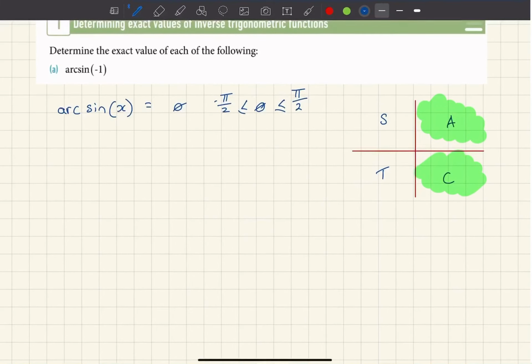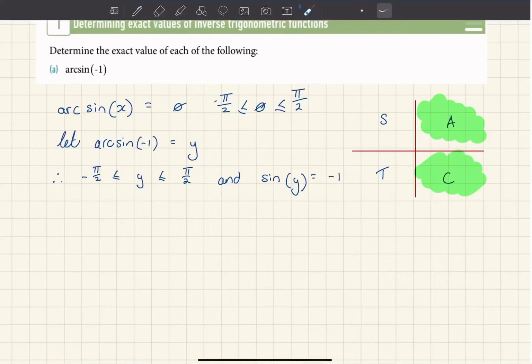Instead of saying arc sine x equals theta, let's say let arc sine of -1 equal y. Then it looks more like a function like we're used to. Therefore -pi/2 is smaller or equal to y, which is smaller or equal to pi/2, and this is the important part, the sine of y equals -1.